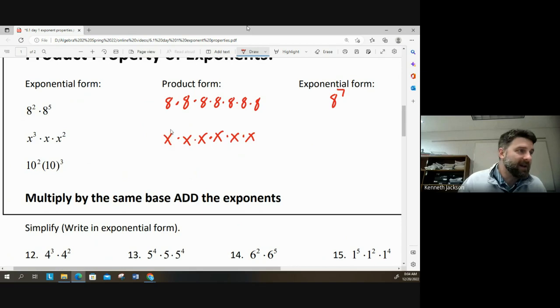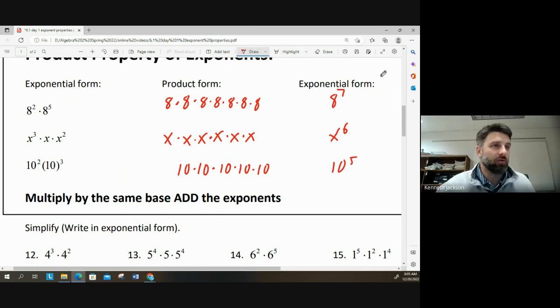But if I count up my x's here, that's 1, 2, 3, 4, 5, 6. x to the 6th. And the last one here, 10 squared, that would be 10 times 10. There are 2 10s. 10 to the 3rd, that would be 3 more of those. 1, 2, 3. So now if I count up my 10s, 1, 2, 3, 4, 5, that's 10 to the 5th.